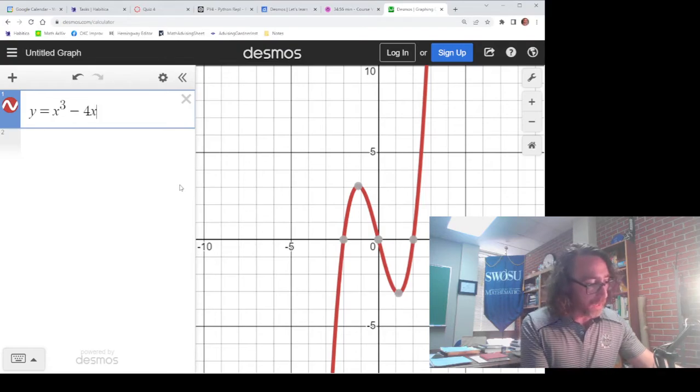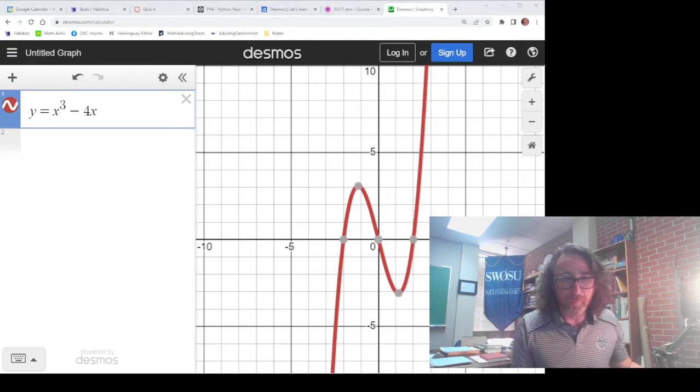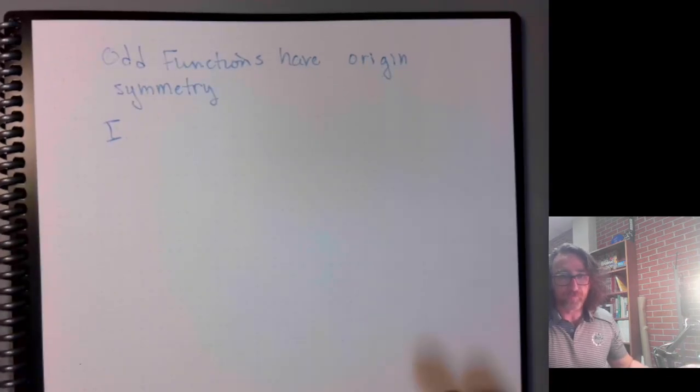Okay, so odd functions, and I'll bring back the document camera in a sec, but odd functions have origin symmetry. And what that means is, let's bring back that USB camera here.